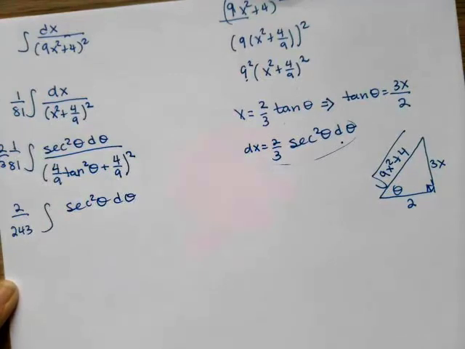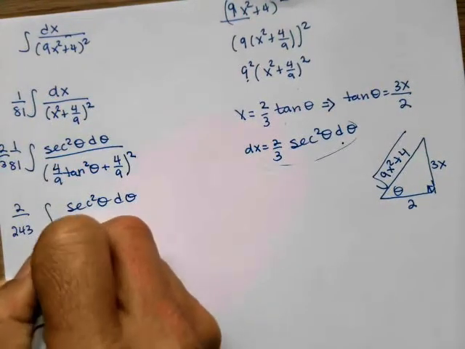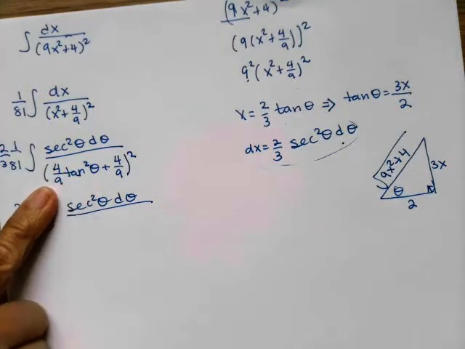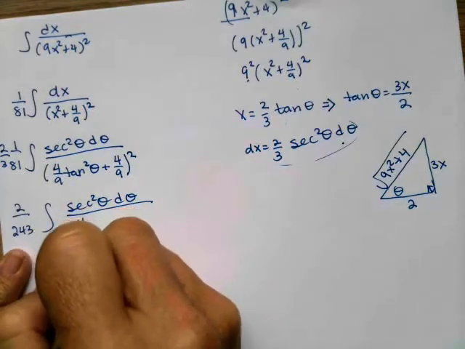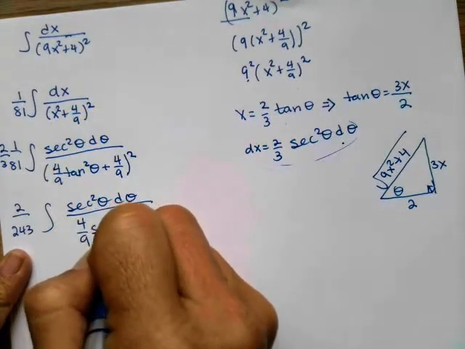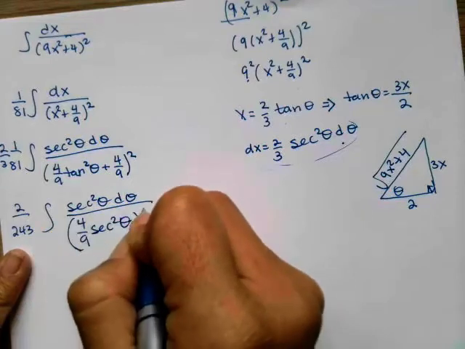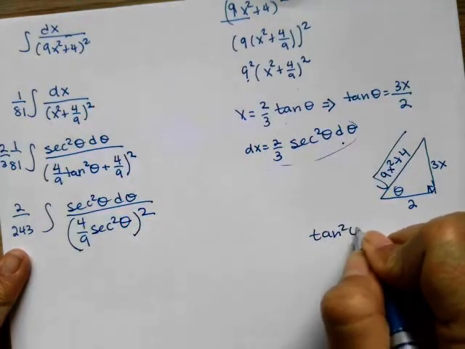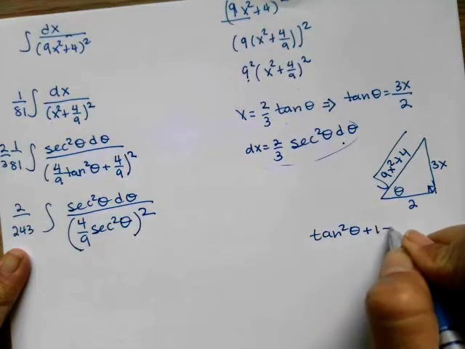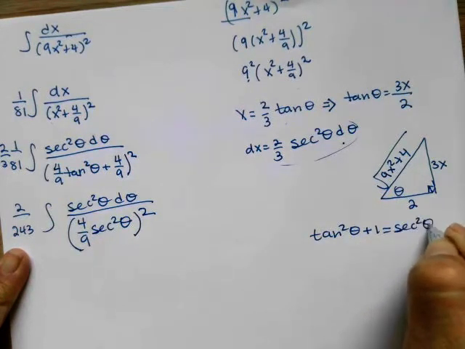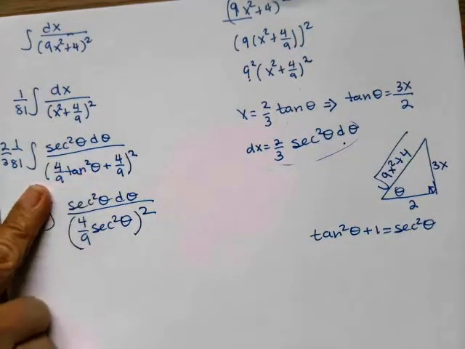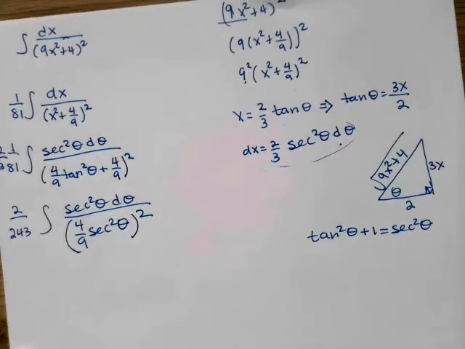What do we have on the bottom there? So Pythagorean identity for the denominator, that's going to be a 4/9 secant squared theta, squared, right? So it's just a little version of the Pythagorean identity, tan squared plus 1 equals secant squared, and it just has that extra 4/9 on it.